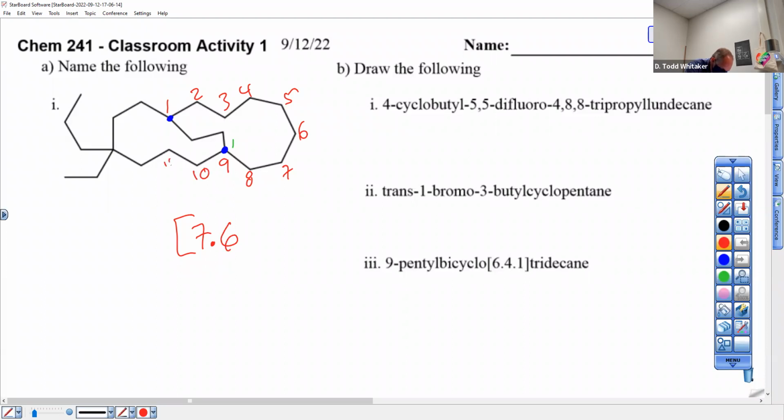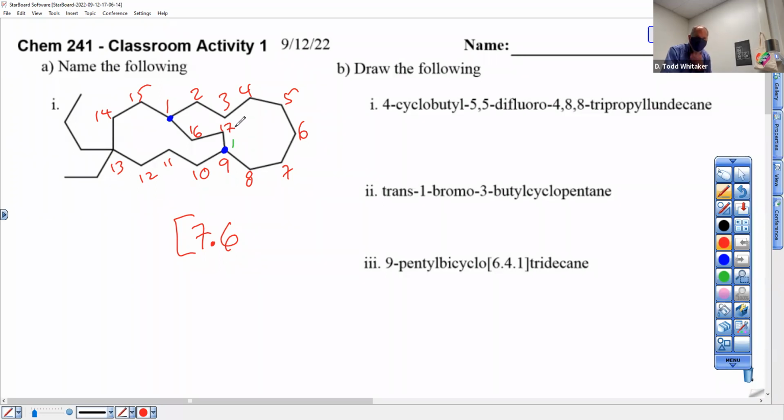Get you 10, 11, 12, 13, 14, 15. And then where's 16? Well, you can't count 1 again. So 16 is as close to 15 as possible without counting 1 again. So that's one method of numbering this thing. And you'll notice the first group is on carbon 13 going this way. Have you noticed that?